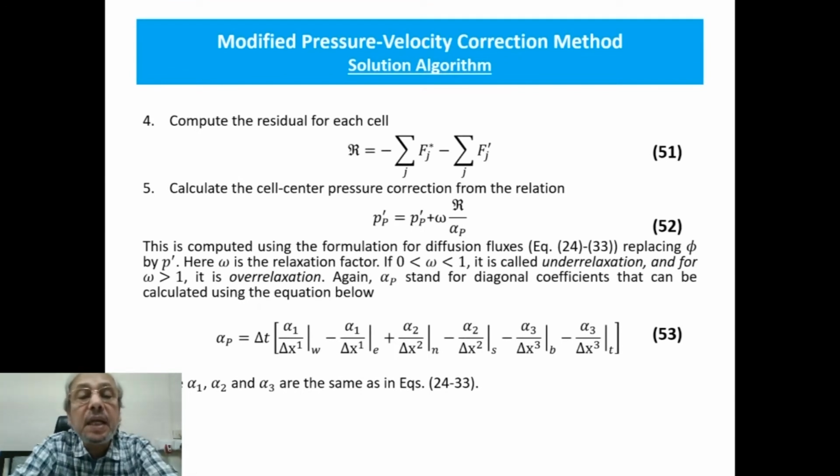Now in each cell we compute this residual, which is basically minus the provisional velocity flux minus the pressure flux, the velocity correction flux, and then calculate the cell center pressure correction from the relation PP prime is PP prime plus omega into R by alpha P. This is computed using the formulation for diffusion fluxes, replacing phi by P prime.